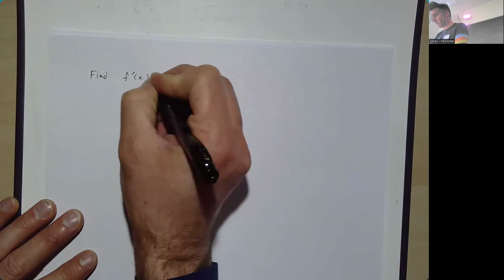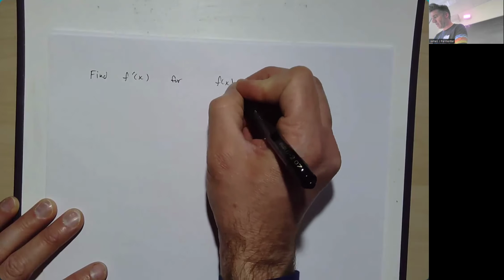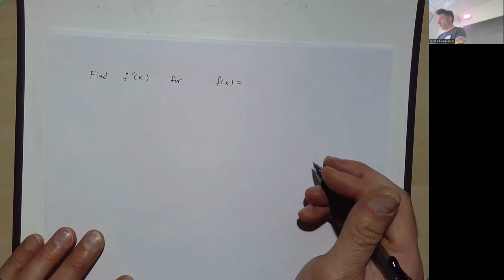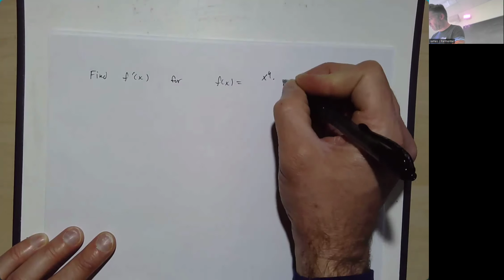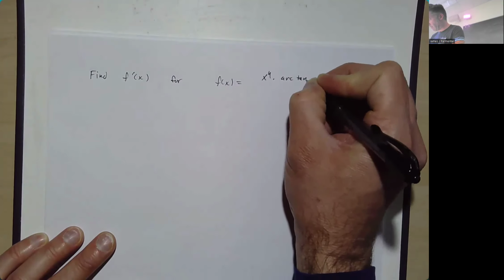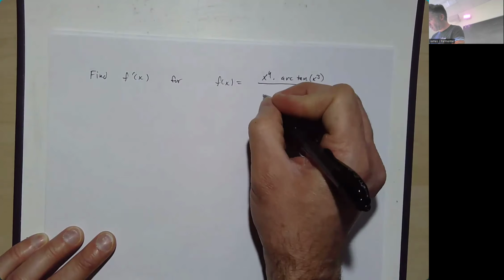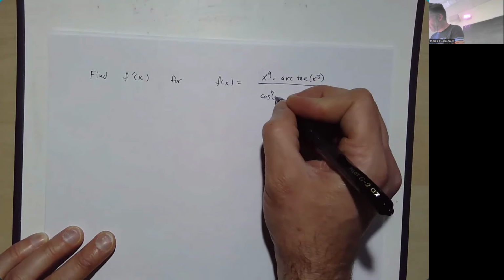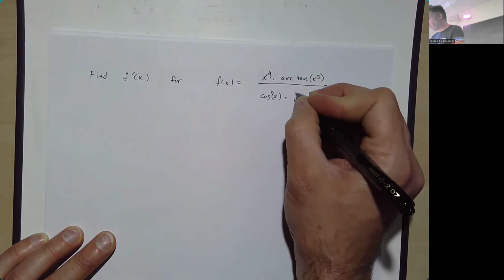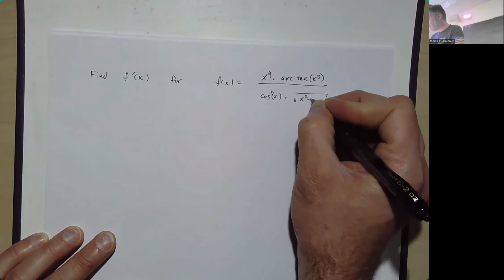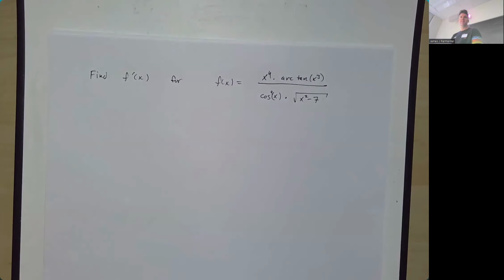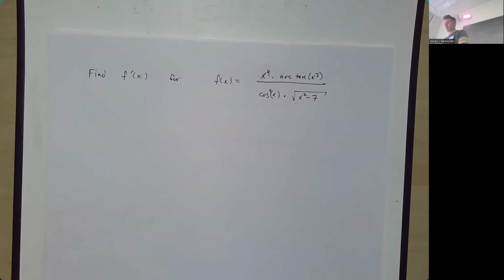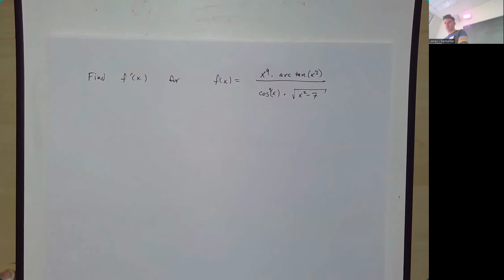Let's say we were asked to find f prime of x for f of x equal to, let's make it really super awful, x to the 4th times the arctangent of x cubed over cosine to the 4th of x times the square root of x squared minus 7. That looks terrible. And it is terrible.